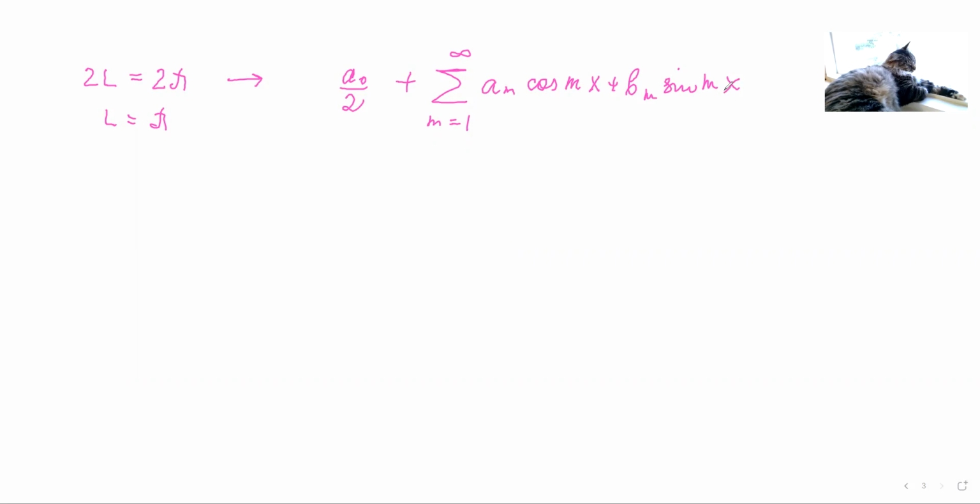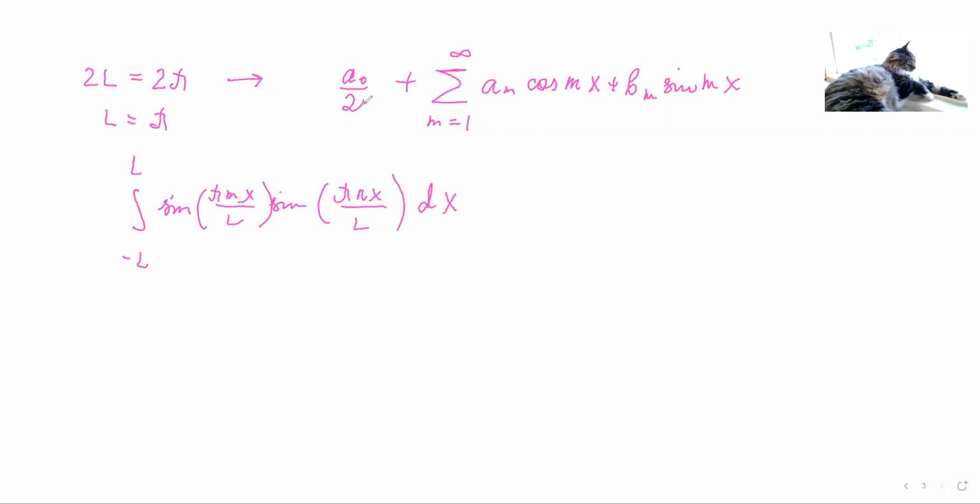Well, guys, in this series, we are going to introduce a dot product as an integral. So the dot product between two vectors here is going to be the integral from negative L to L, for example, of sine of pi mx over L by sine of pi nx over L dx.